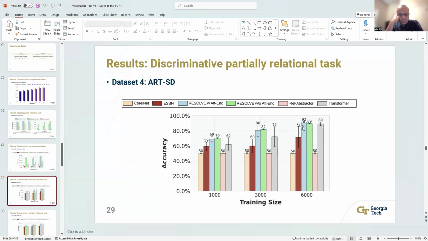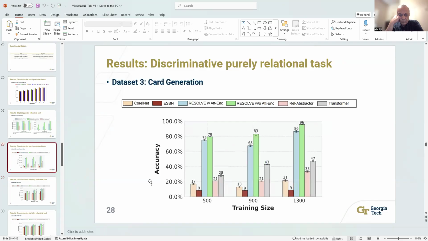Similar thing here for the ART, similar and different, except that for this task, the baselines are close to our ReSolve, and this is due to the low complexity of this dataset compared to the card generation.